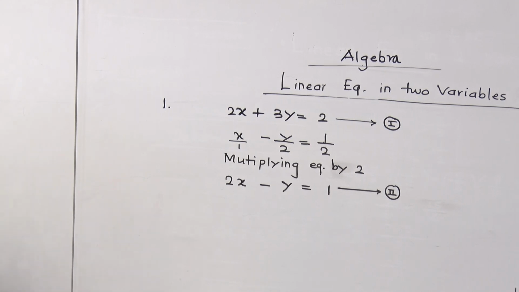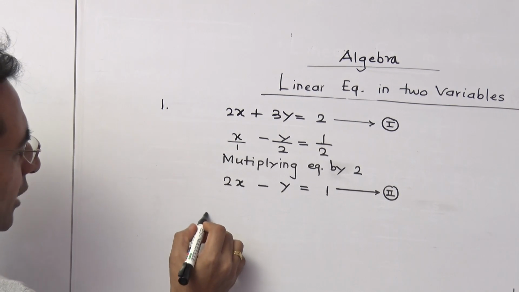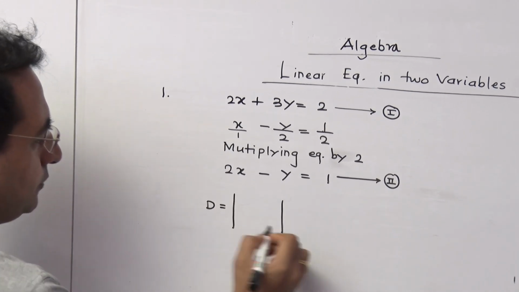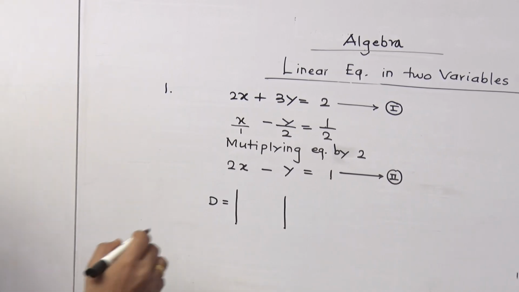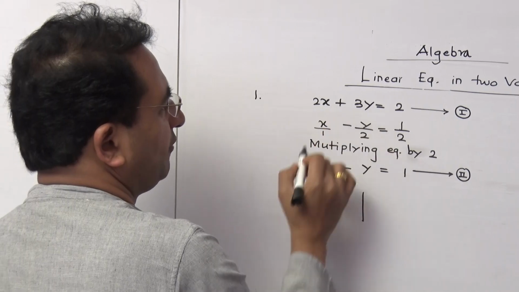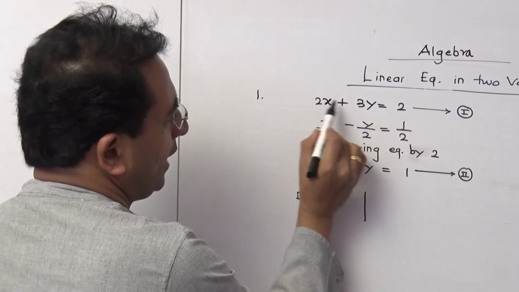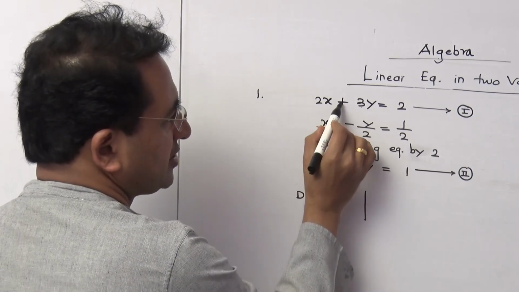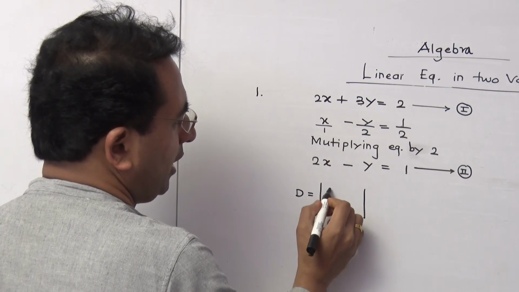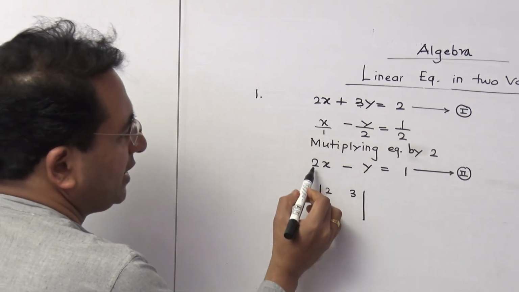Now solving this equation by Cramer's rule, first let me check it one by one. First we calculate the determinant D. When you write D, it is for the values of coefficients of x and y. So you see this, it is standard form, 2 and 3 along with the sign. Plus sign we don't write. If it is minus, then we have to include it. So I am writing 2 and 3. Then we are writing the next one.